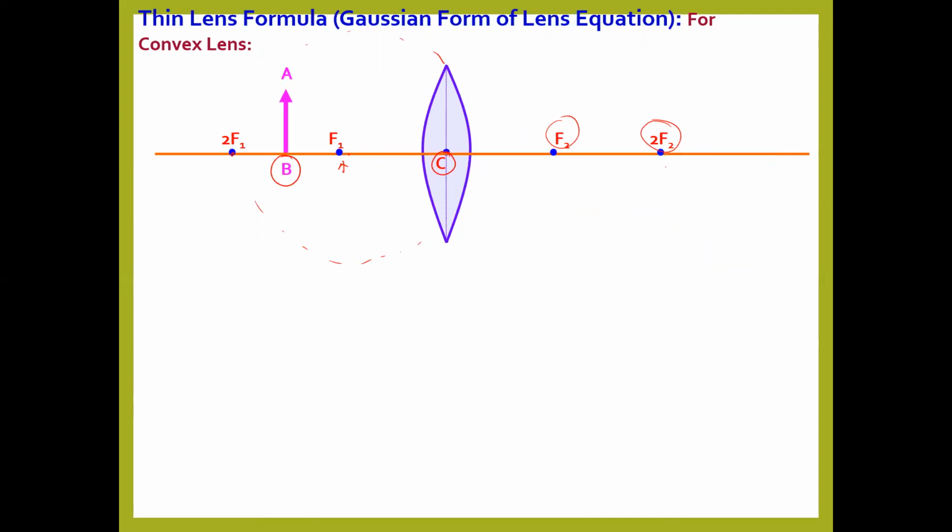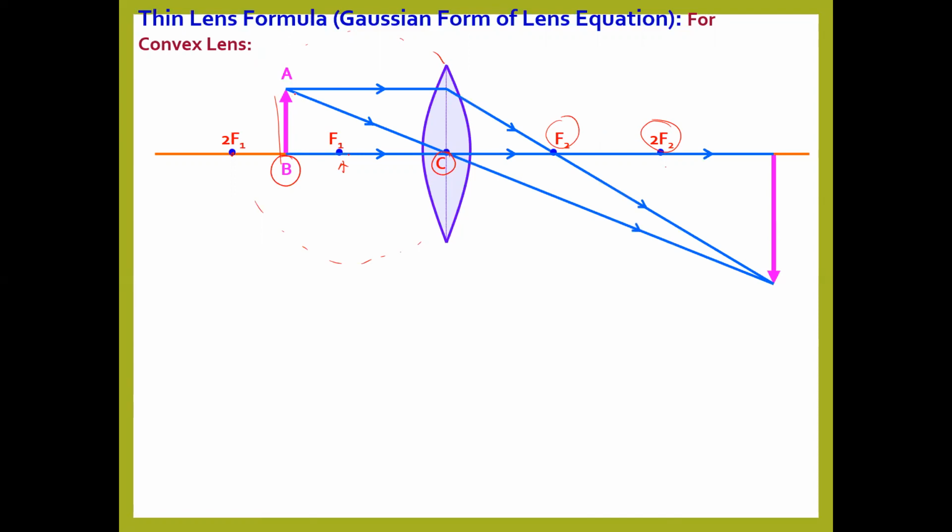After that, draw an object, an extended object, with two points A and B. Of the light rays from A, one should be drawn parallel to the axis. When that goes parallel to the axis, obviously it will go through the focal point. So connect these two lines and allow it to go. After that, draw another line which will move through the center.